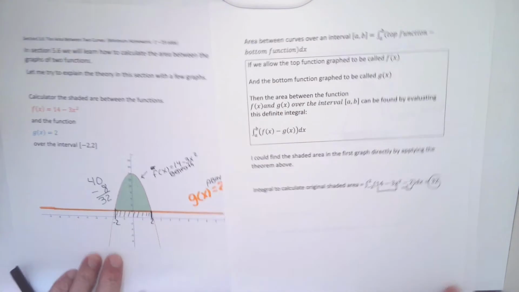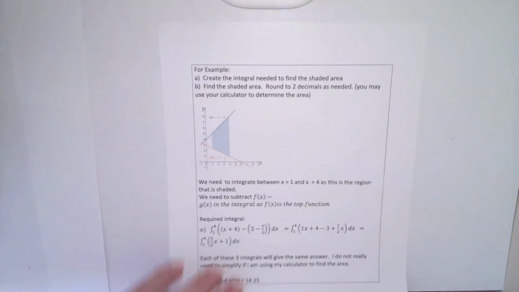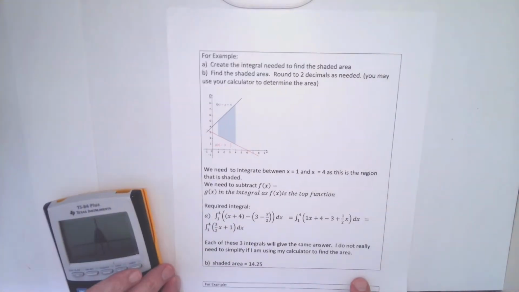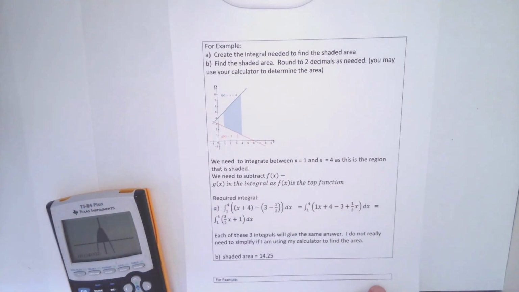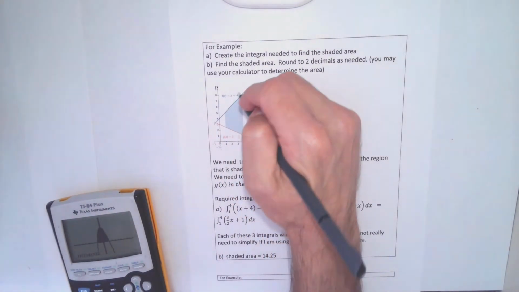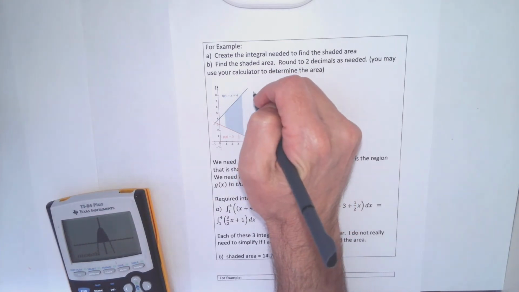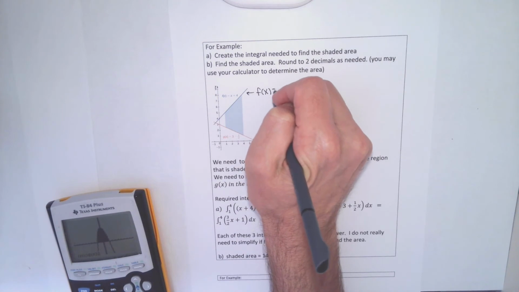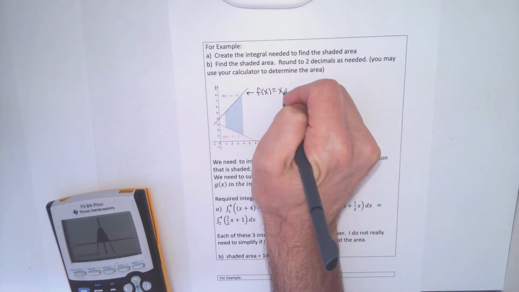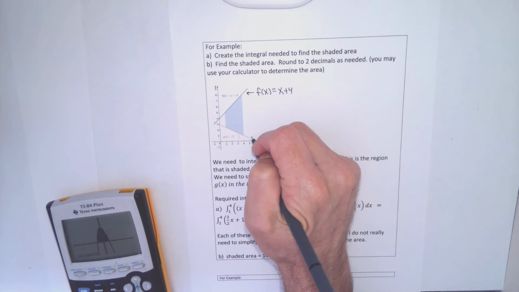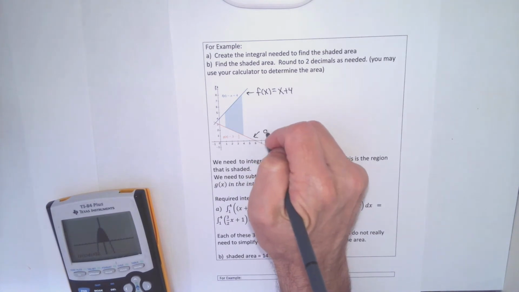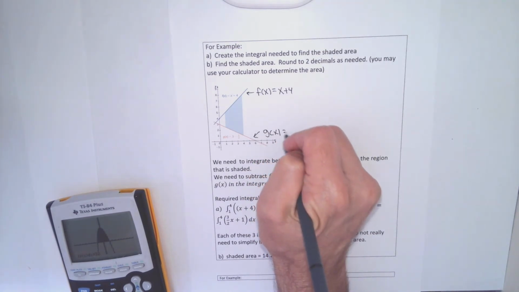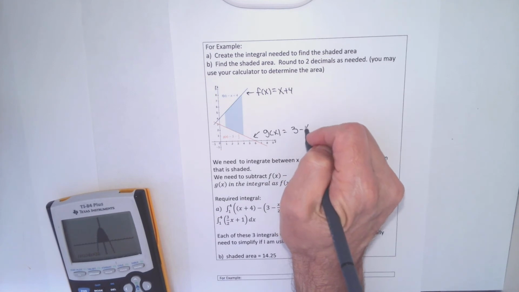So let me show you another picture. I don't know how well these functions are showing up, but I have two graphs. I have a top graph, which is the function f of x equals x plus 4, and a bottom graph, which is the function g of x equals 3 minus x over 2.